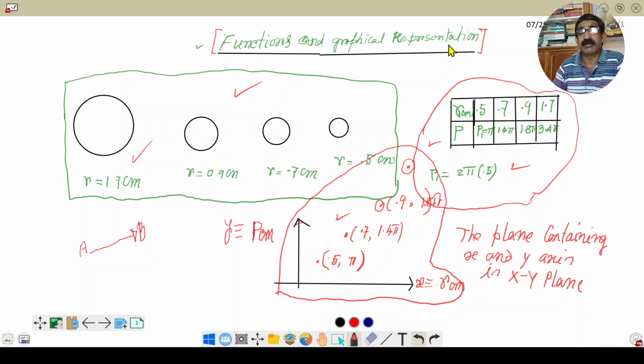Functions and graphical representation. Before discussing functions and graphical representation, this is a story about the topic, and this is a mathematical story that will be well known to you. It is discussed with very common experience and very common knowledge.